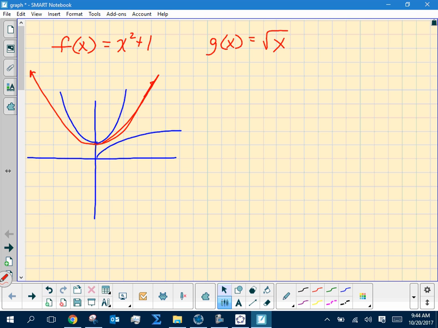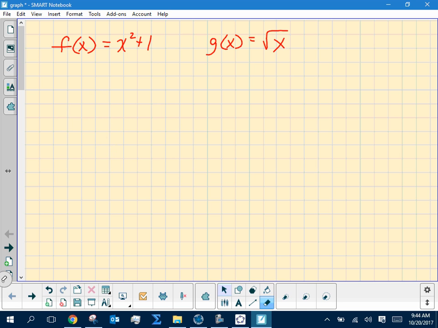And then the other one looked like that, which was linear, but it wasn't the whole line, right? So one of those, the red one, ended up having a different domain than what the green one had. And I want to talk about how we arrive at those different domains, and how we develop them for composite functions, okay? And the idea is, let's just start with f of g of x.